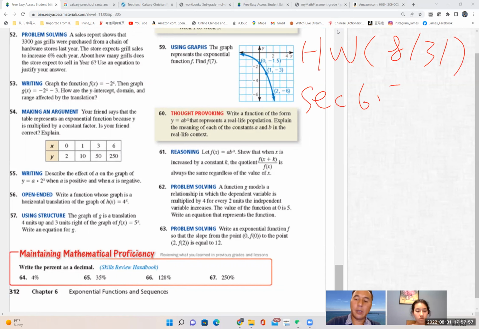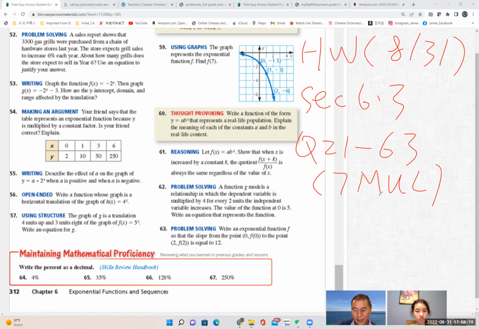Section 6.3, right? Then how about the Q from 21 to 63, multiples of 7? That means 21, 28, 35, until 63. Then another is redo.